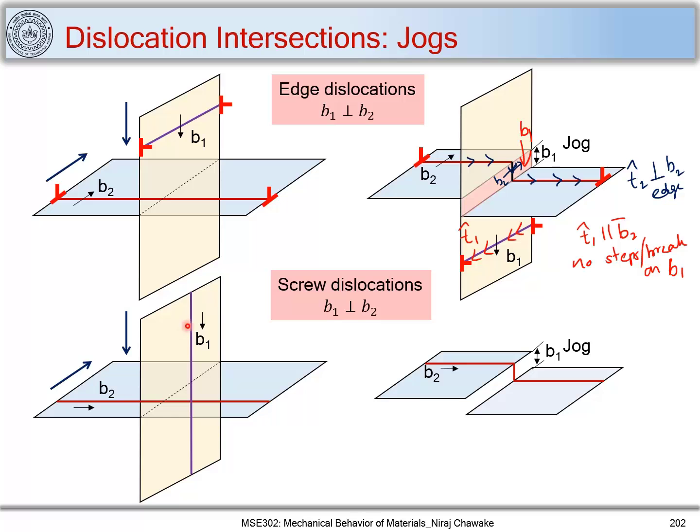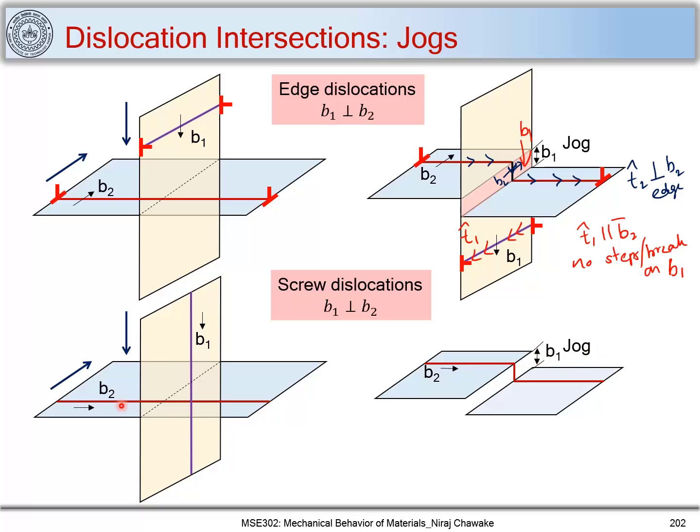The break will be along the B1 direction, and its magnitude will be equal to that of B1. This kind of break is called a jog because the break is not on the same slip plane or glide plane. Such breaks are called jogs.